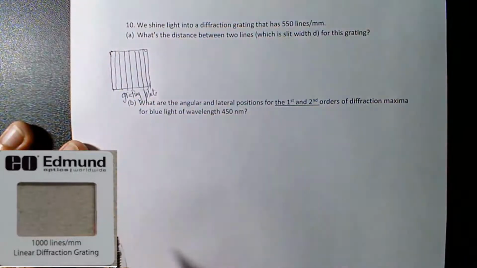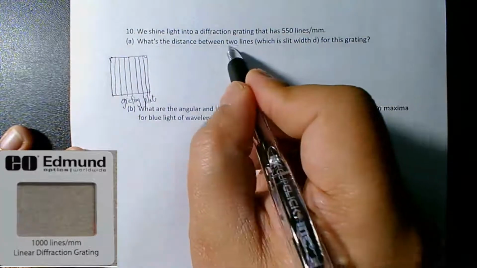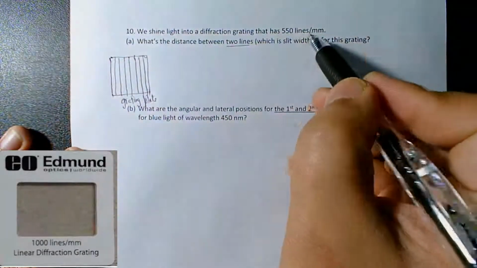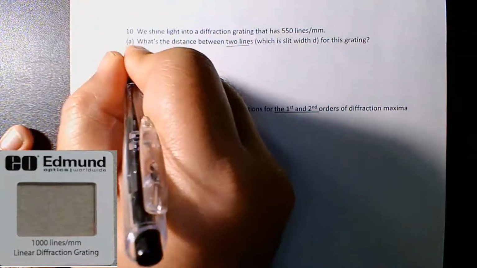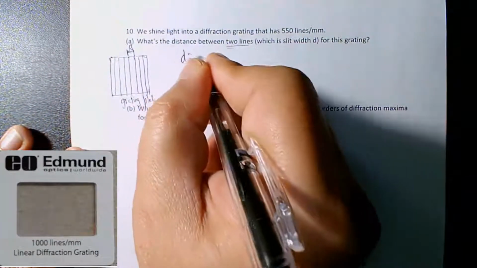The first question asks, what is the distance between two lines? You are given that 1 millimeter has 550 lines, but what is the distance between two lines, which is D, the slit separation?